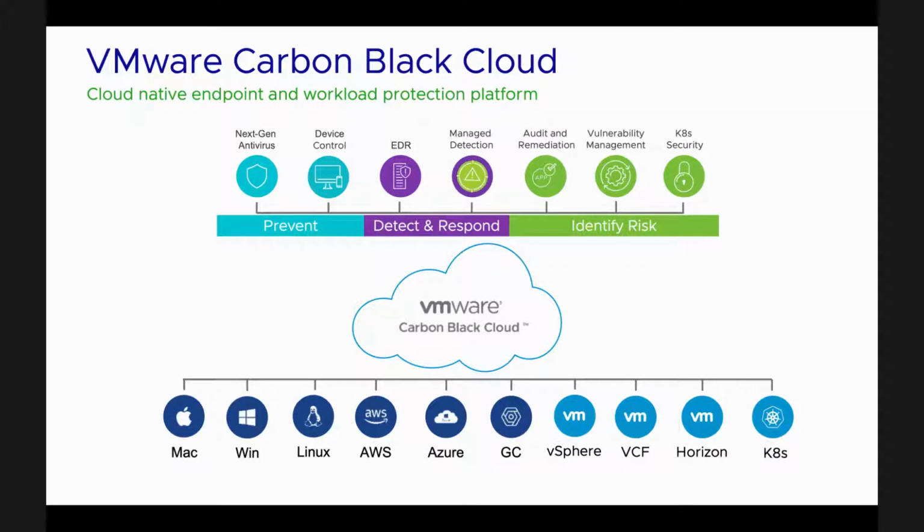So you may start out with next-gen AV and add on EDR at any time, no additional software required. We run on server, desktop, laptop, cloud, containers, Windows, Mac, Linux, AWS, GCP, Azure, workload, you name it, we run and protect those endpoints.